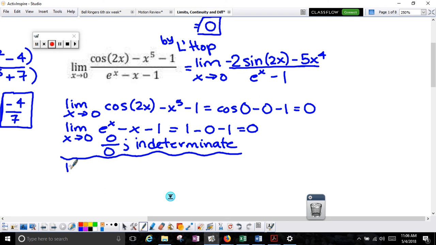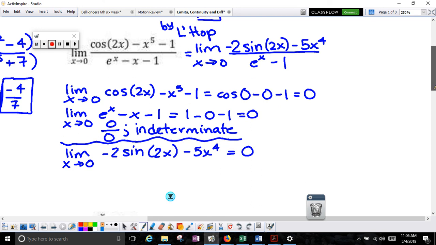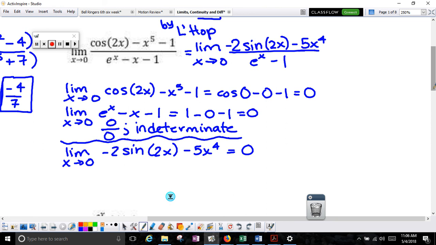So, more work ahead. We're going to take the limit as x approaches 0 of the numerator. And we already know that that's 0. We just plugged in to check. Okay, let's take the limit as x approaches 0 of the denominator.